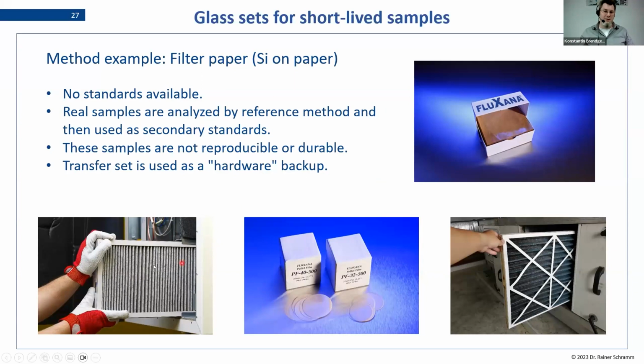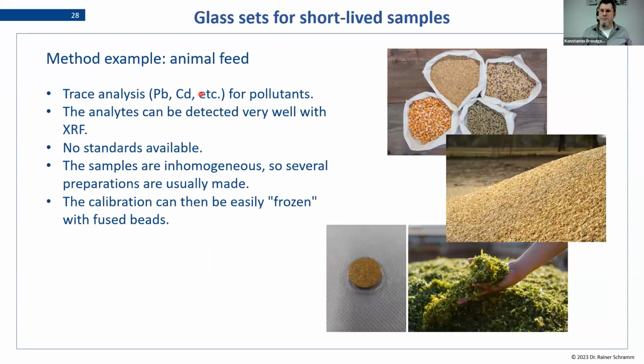You could also apply this to any sort of filter paper. I've seen those applications in the field where people would analyze filter systems, and the same applies here. There are no standards and they're not replaceable. So once you have an application, you want to have a kind of backup, and you can use a transfer set as a hardware backup.